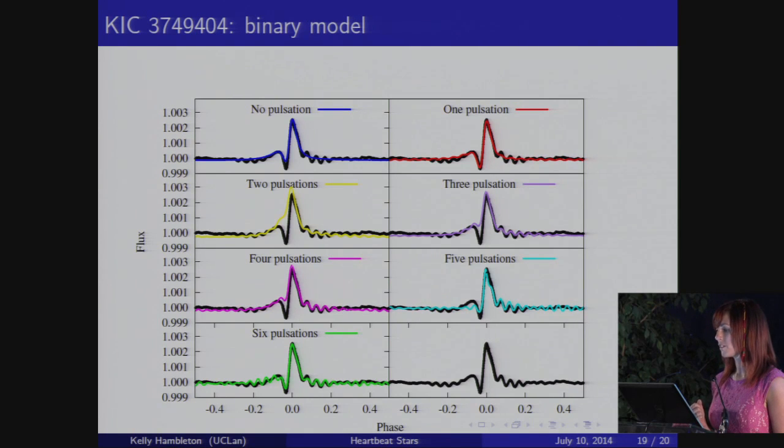But from what we've determined, it doesn't seem that adding the pulsations affects the best fit and the parameters of the binary star that significantly. This is good because many people model a binary star by modeling the binary features, subtracting that, and then looking at the residuals. And this is just suggestive that that won't have a very large effect on the parameter values that you're obtaining.